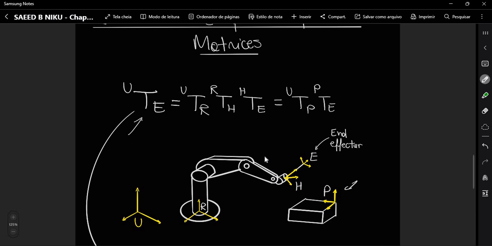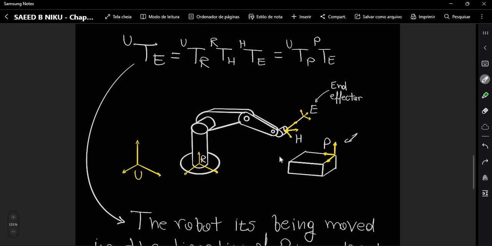This first notation is read this way: the transformation of the reference frame A, E, in relation to a reference universe. Okay, so let me introduce to you these frameworks.